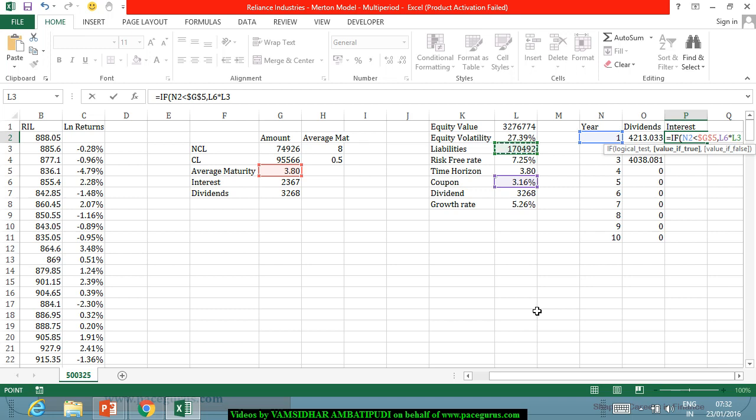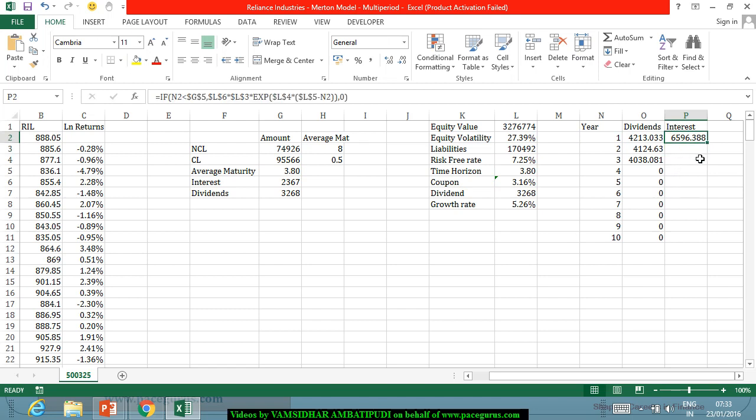So every year, that is the number that is going to come, because it's a coupon that is going to be more or less fixed. And this I am multiplying with e power RT, where T is the maturity minus the year. So I'll take this minus this. Alright. Otherwise I'll put it as 0.